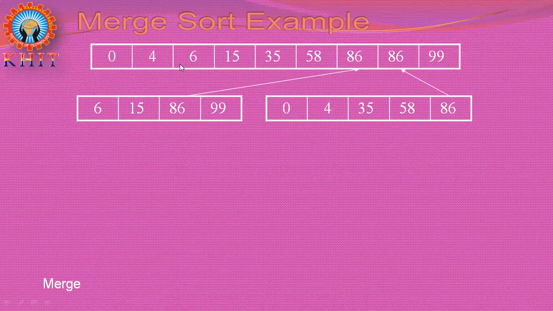So in this way, we can sort the given elements by using divide and conquer. If you consider the given array, all the elements in the array are sorted, and we will get the resultant. Friends, in this way, we can solve the merge sort problem by using the divide and conquer algorithm design technique.